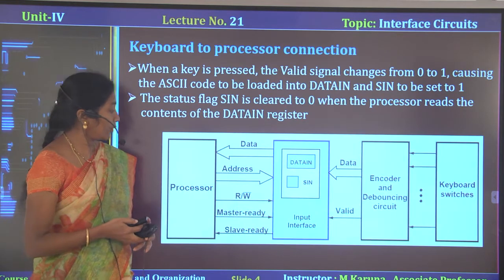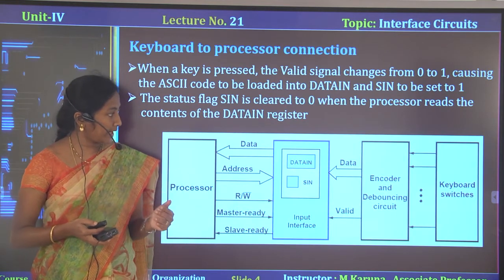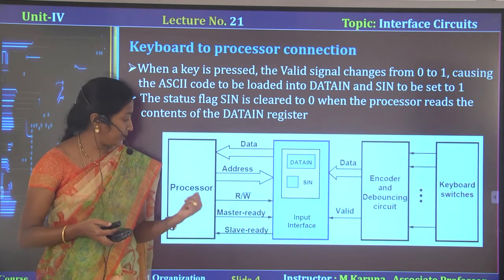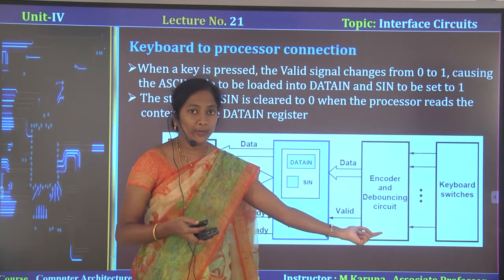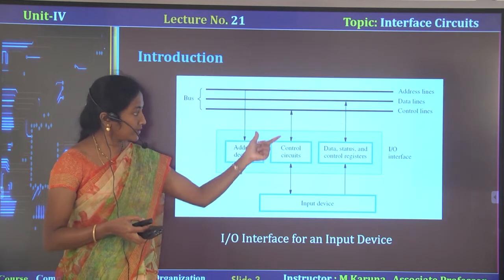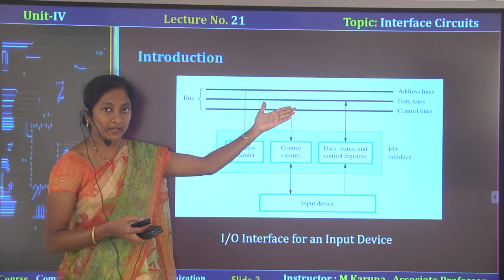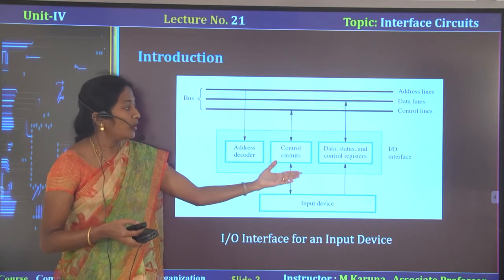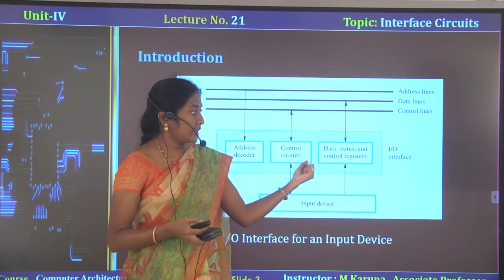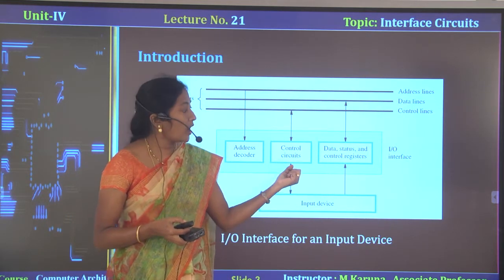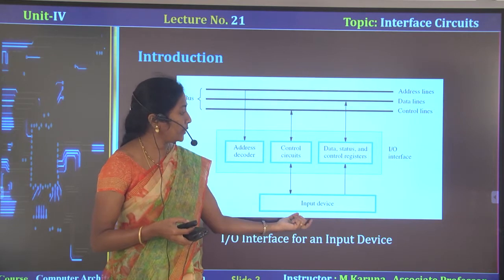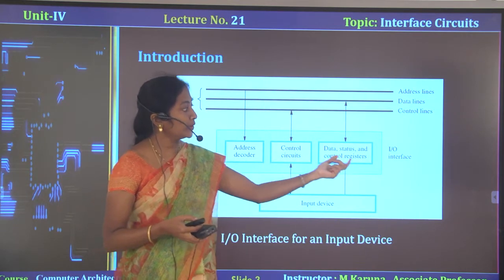Now let us take one example of how data transfer takes place between processor and keyboard. Previously we have seen this is the interface circuit required between input device and bus. Let us go into detail: what are the signals, and how is the transfer operation performed between input device and processor through the interface circuit.